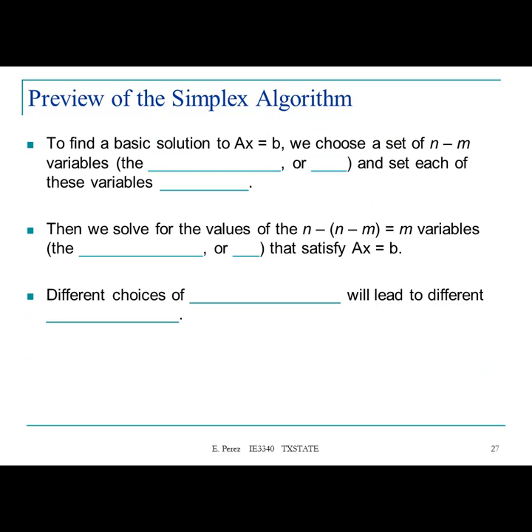So to find a basic solution to this system of equations, we choose a set of n minus m variables, which are the non-basic variables. I'm going to use NBV to avoid writing this whole thing every time we need to refer to non-basic variables. So make sure that you understand what NBV is, and set each of these variables equal to 0.